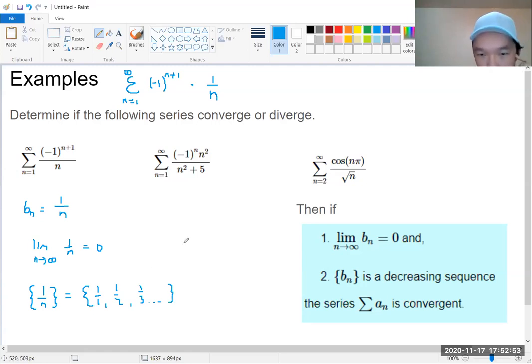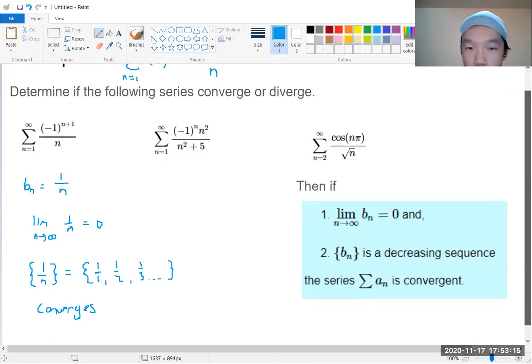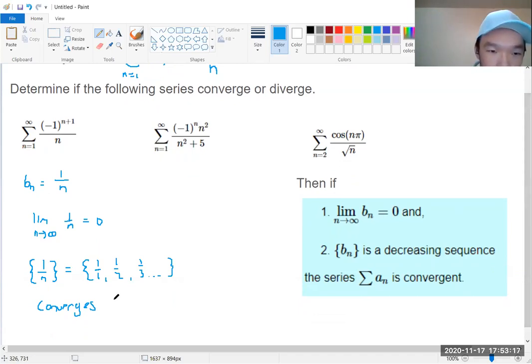So therefore, what can we conclude about this series here? Yes, it is convergent. So this converges, and you can say by the alternating series test.